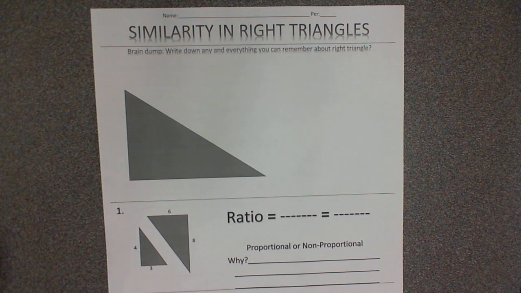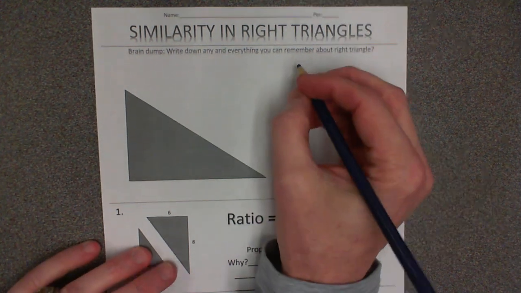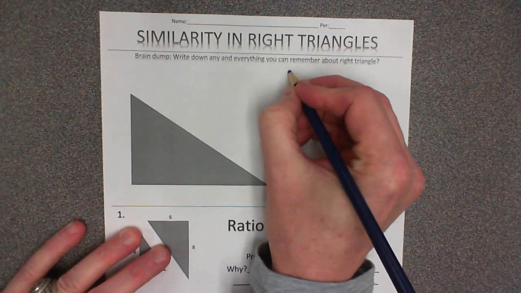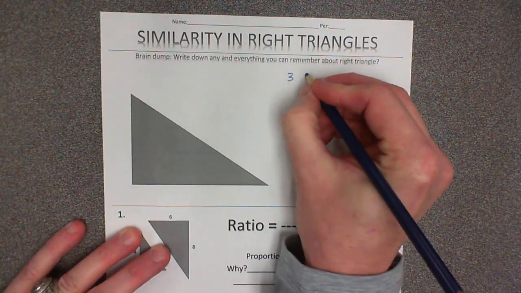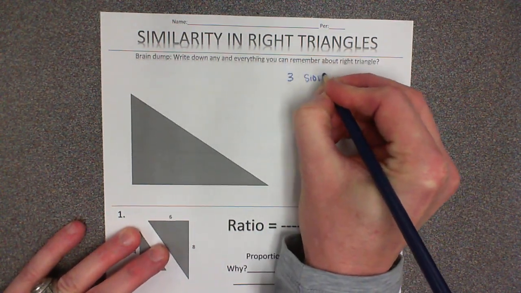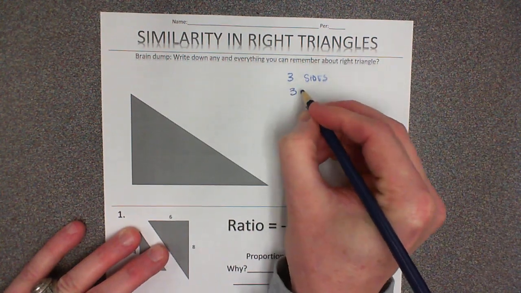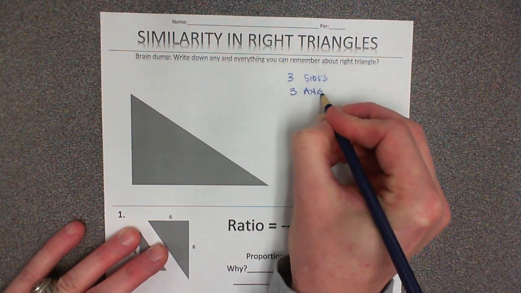Okay guys, welcome back. On this first part, I want you to write down as many things as you can that you remember about right triangles. We might start this list and say, I know a right triangle has 3 sides. It also has 3 angles.